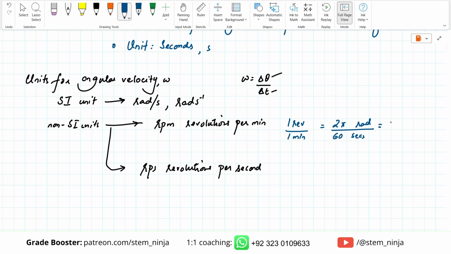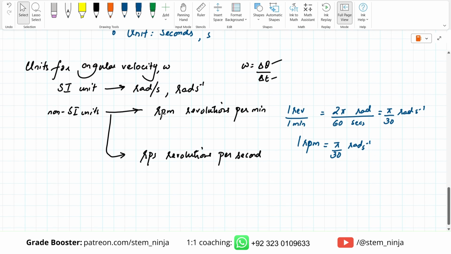So this would be pi over 30 radians per second. So basically 1 RPM is actually pi over 30 radians per second.